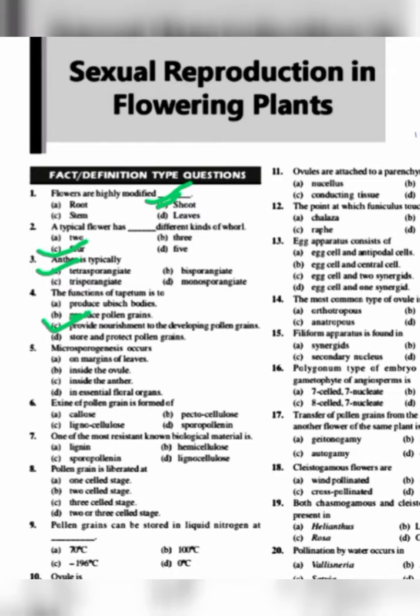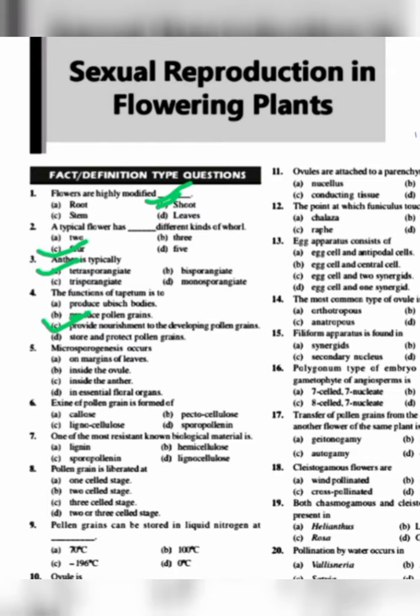Number 5. Microsporogenesis occurs A, on margins of leaves; B, inside the ovule; C, inside the anther; D, in essential floral organs. What we know about this one is that microsporogenesis is the process of formation of microspores or pollen grains from a pollen mother cell through meiosis. Each cell of the microsporogenous tissue serves as a microspore mother cell.